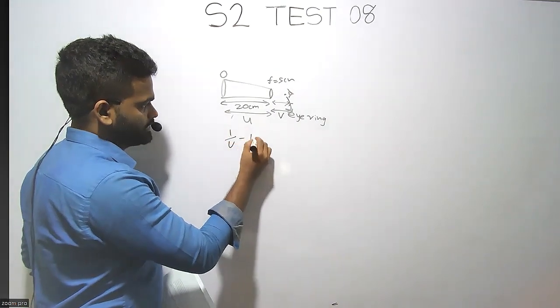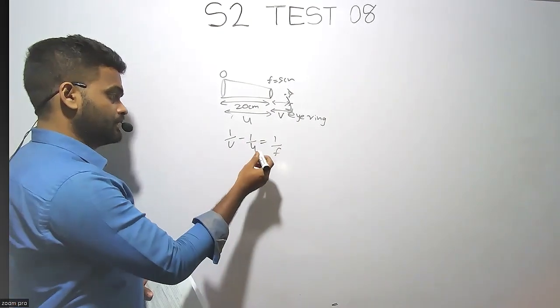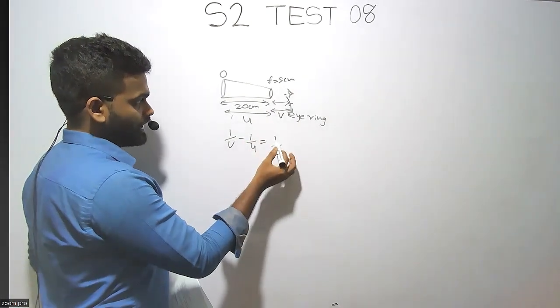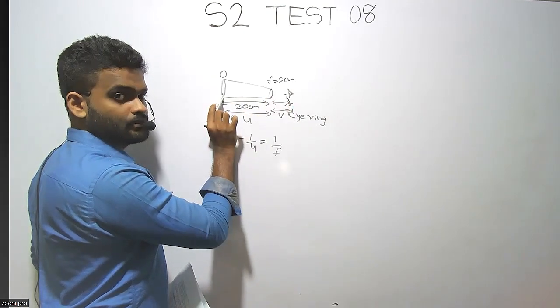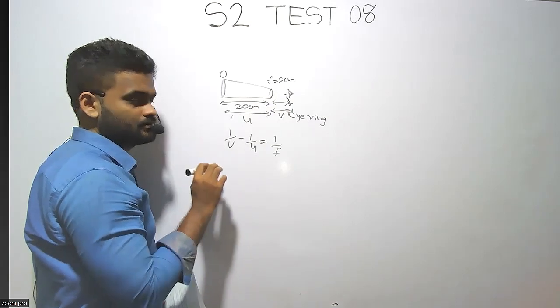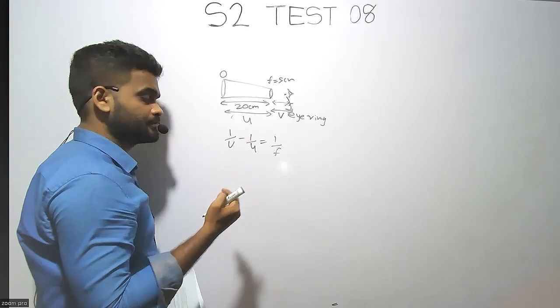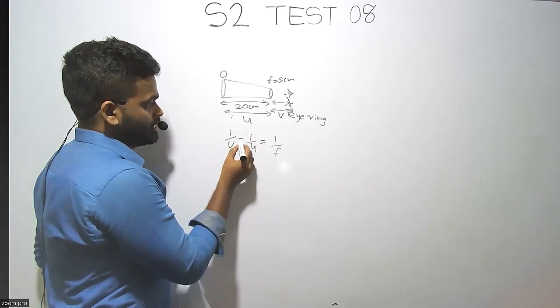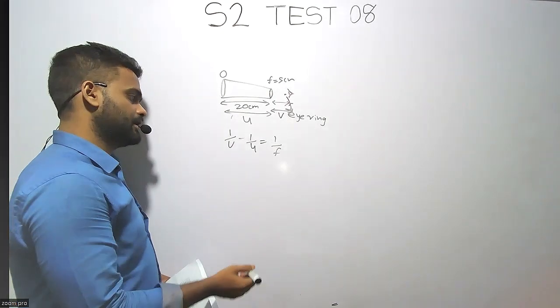So to find that, you need the lens equation. So you are applying the lens equation to the eyepiece, right? Treat objective lens as object. Got it? That's all. Then the image is formed at the eye ring. You need to remember that, right? So that is the optimal position to place the eye.